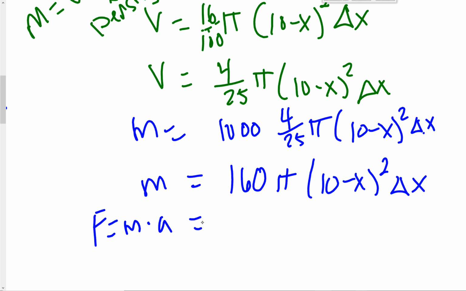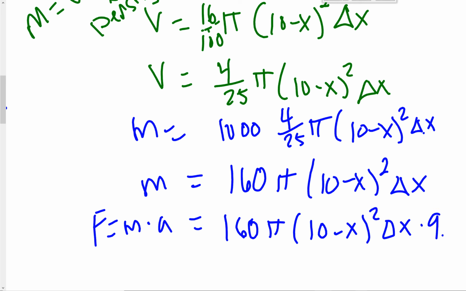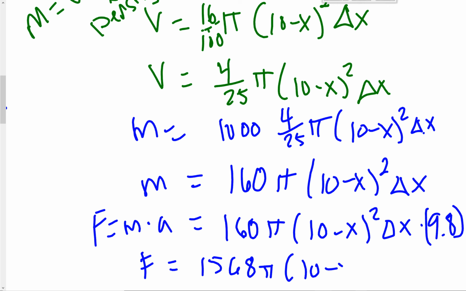And our acceleration due to gravity is 9.8. So times 9.8. So then we get our force is equal to 1,568 pi times 10 minus x, quantity squared, times the change in x.